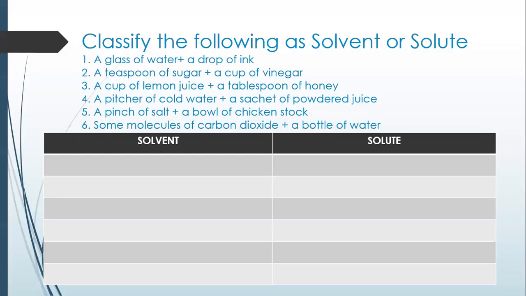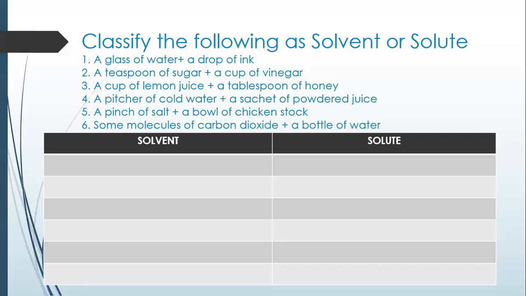Number 2, a teaspoon of sugar plus a cup of vinegar. Number 3, a cup of lemon juice plus a tablespoon of honey. 4, a pitcher of cold water and a sachet of powdered juice. 5, a pinch of salt and a bowl of chicken stock.